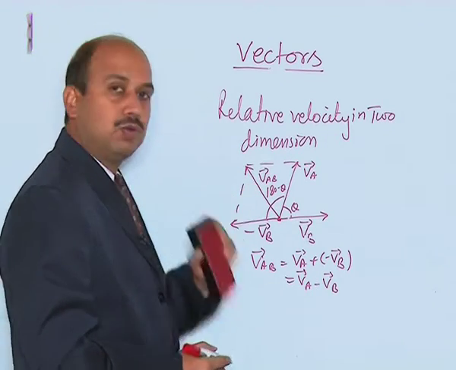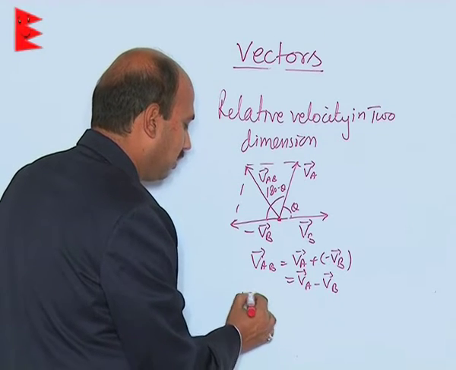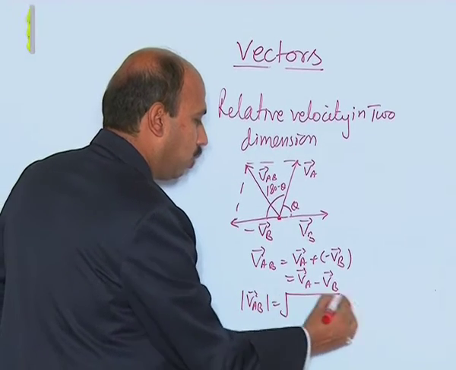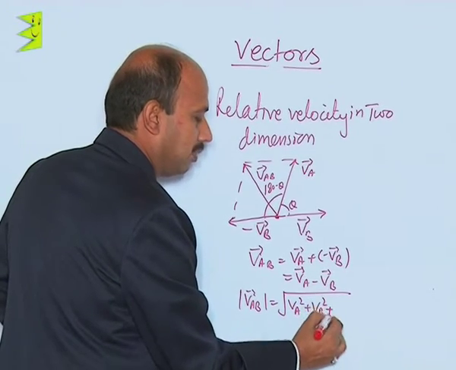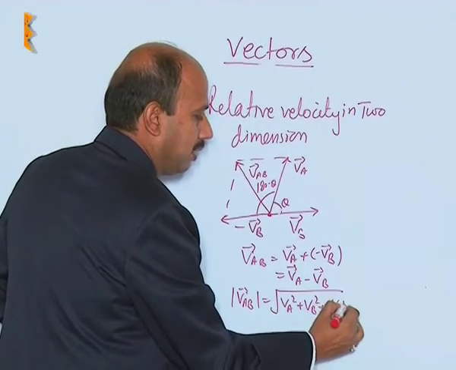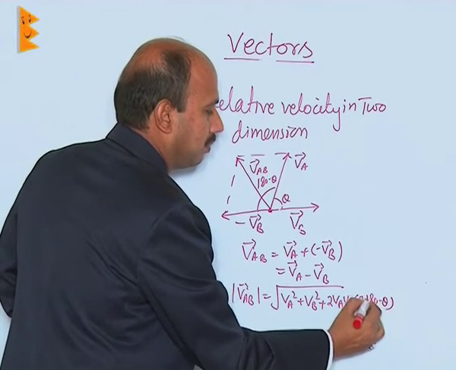Now you can get the magnitude of this VAB also. So the magnitude of VAB will be under root of VA square plus VB square plus twice VA VB cos (180 degree minus theta).